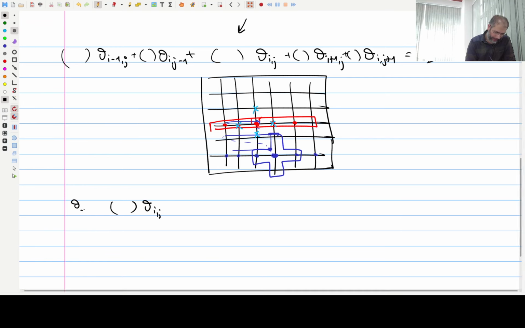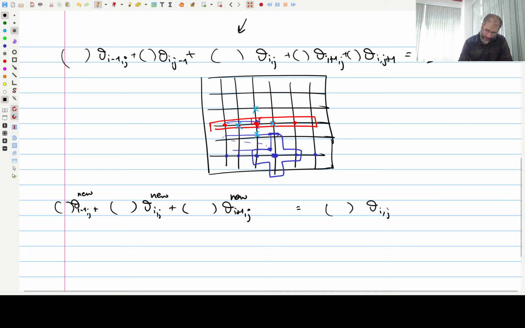I have theta i minus 1,j term, and I have the i plus 1,j. Because we are calculating new values, we call them new. So these are unknowns solved together, and on the right hand side we have theta i,j minus 1.